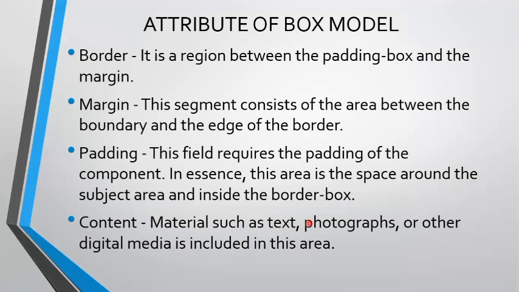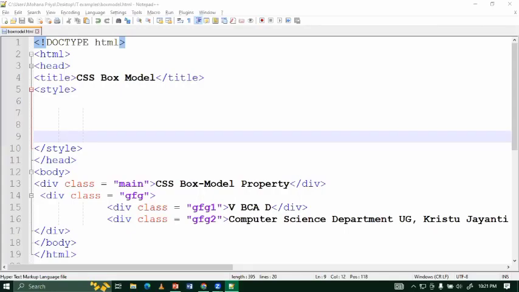Now let's see a program, an HTML file, wherein we will be using this box model. This is the simple HTML file which I have created without CSS. To this we will add CSS to give a proper structure.